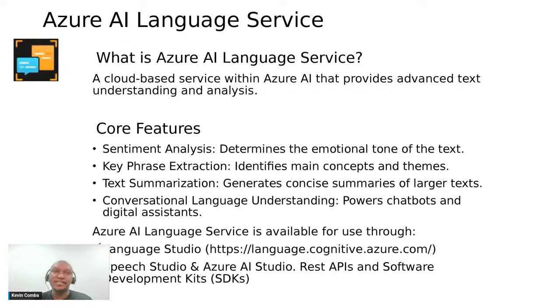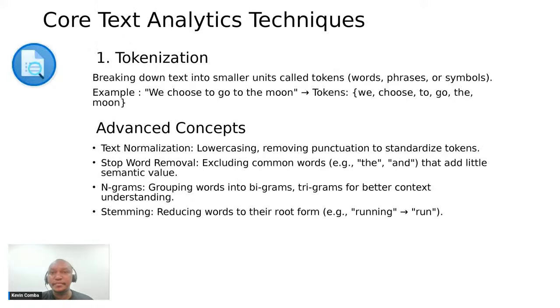Sentiment analysis can help you get the exact meaning of some words which humans use with emotions. We shall see these in action also. We are also going to talk about key phrase extraction, text summarization, and conversation language understanding.